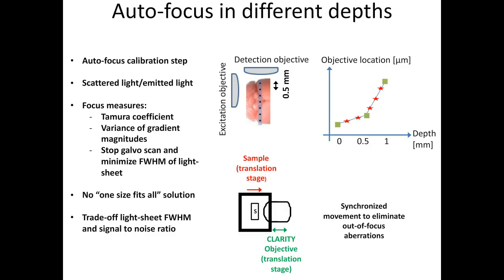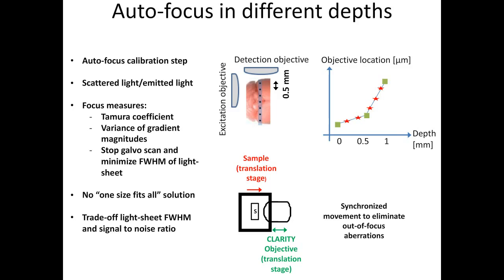You build a calibration curve and you interpolate it, and these are the red stars that you can see over here. You use this calibration curve, and then you have a synchronized motion when you scan the sample, between your sample that you translate in a continuous mode and the detection objective. So both of them are going to move in a synchronized way in order to eliminate this out of focus aberration, and all the movies that you saw are using that.